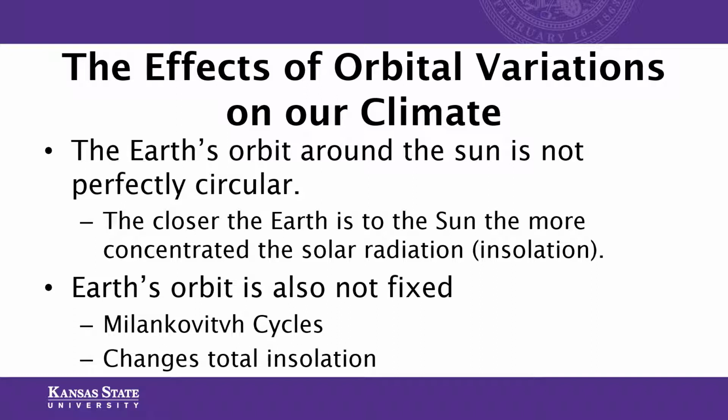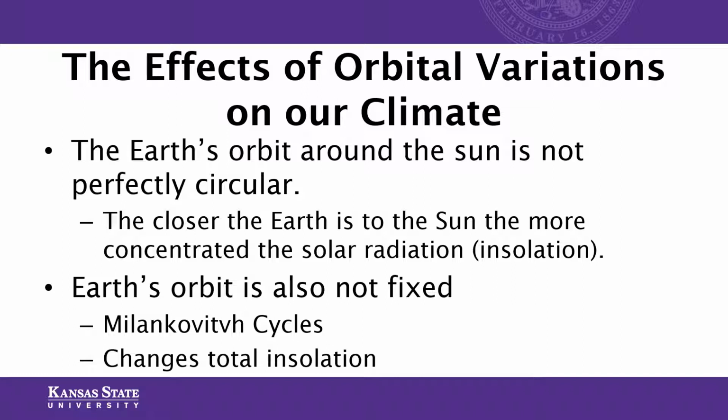So at some points in the Earth's orbit around the sun, we're closer to the sun, and at some points the Earth is farther from the sun. This means that the insolation also changes. So it's not just a matter of equator versus North Pole and South Pole. The amount of insolation is also a factor of what stage of the orbit we're at and how far our orbit is from the sun versus how close it is.